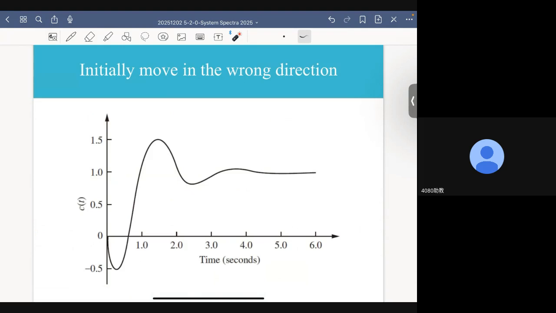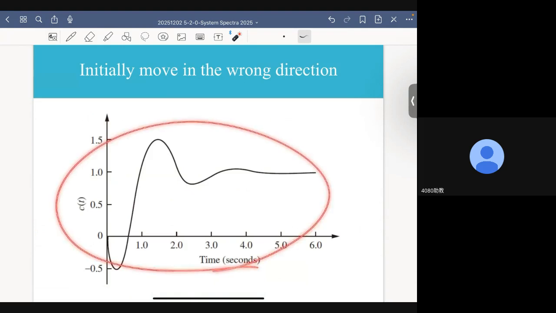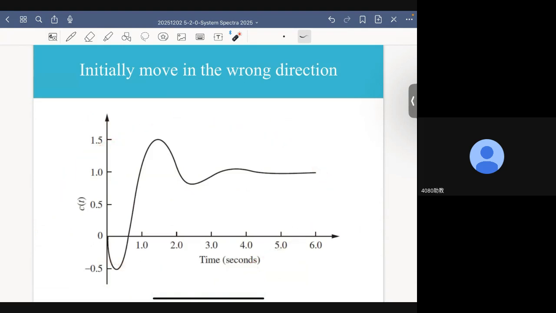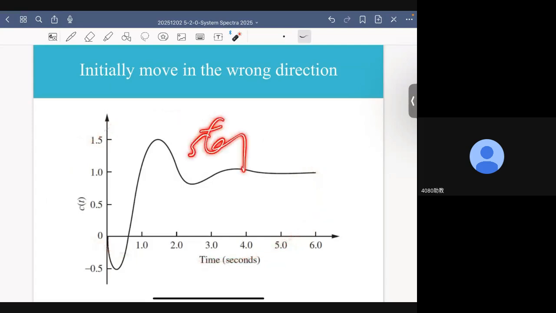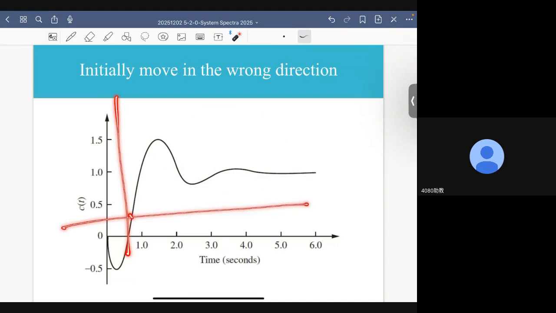But one critical problem of a non-minimum phase system is the pattern of its response. This is the step response of a non-minimum phase system. Typically, for a first order system, its step response looks like this.